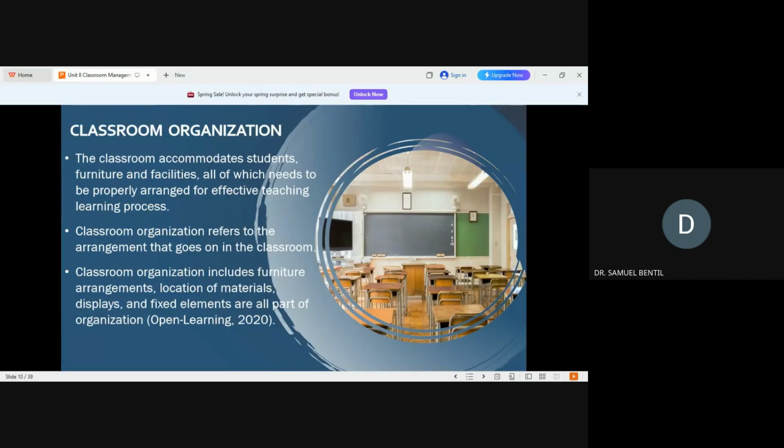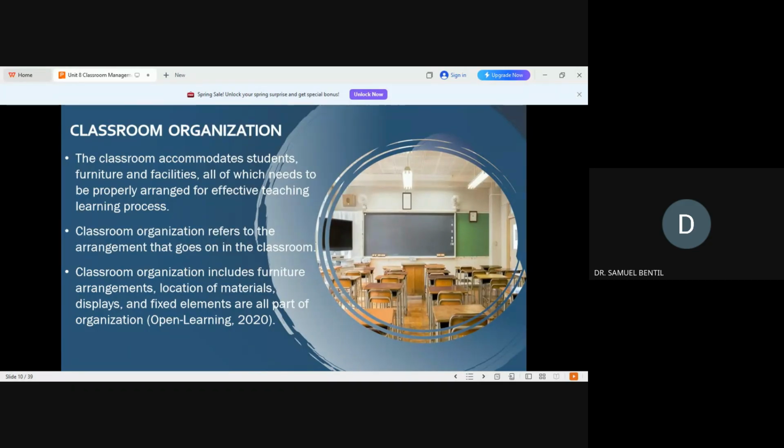Now let's look at classroom organization. Classroom organization refers to every arrangement that goes on in the classroom.